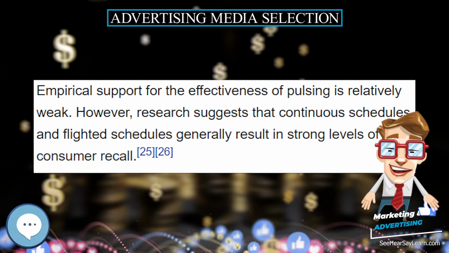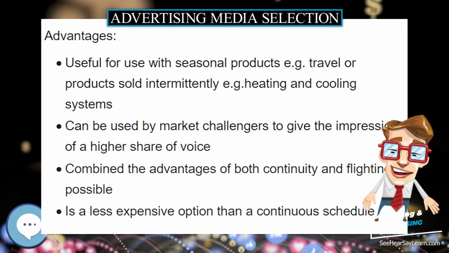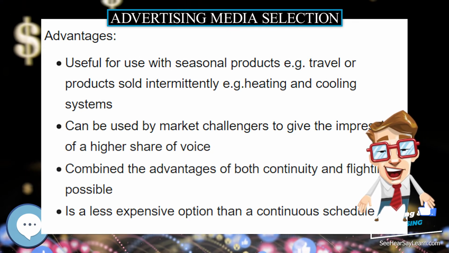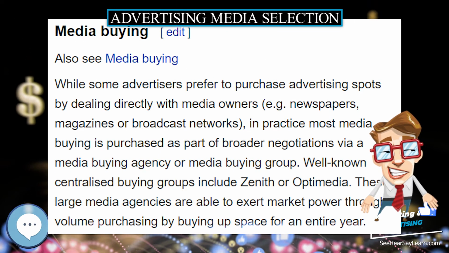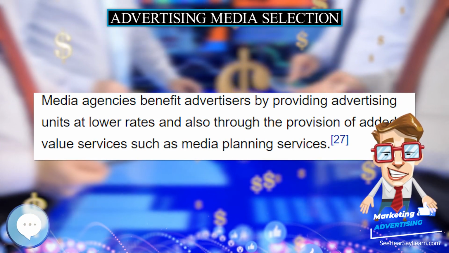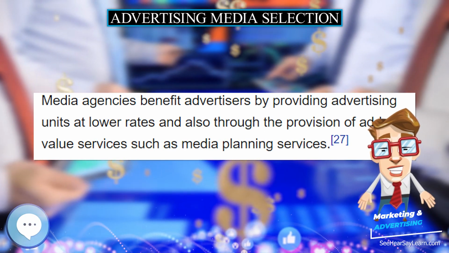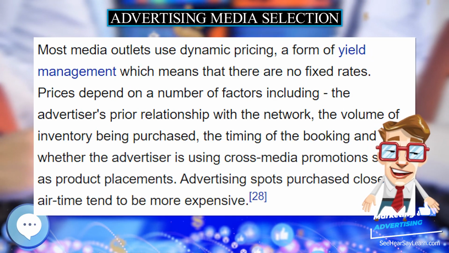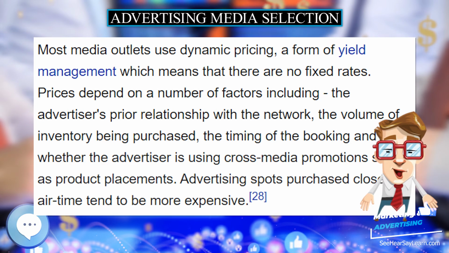Media buying. While some advertisers prefer to purchase advertising spots by dealing directly with media owners, for example newspapers, magazines or broadcast networks, in practice most media buying is purchased as part of broader negotiations via a media buying agency or media buying group.